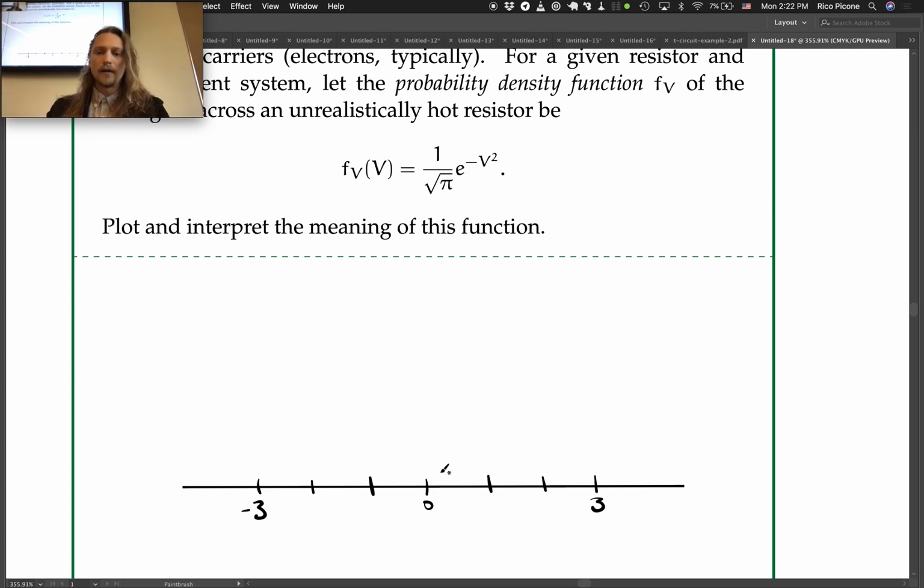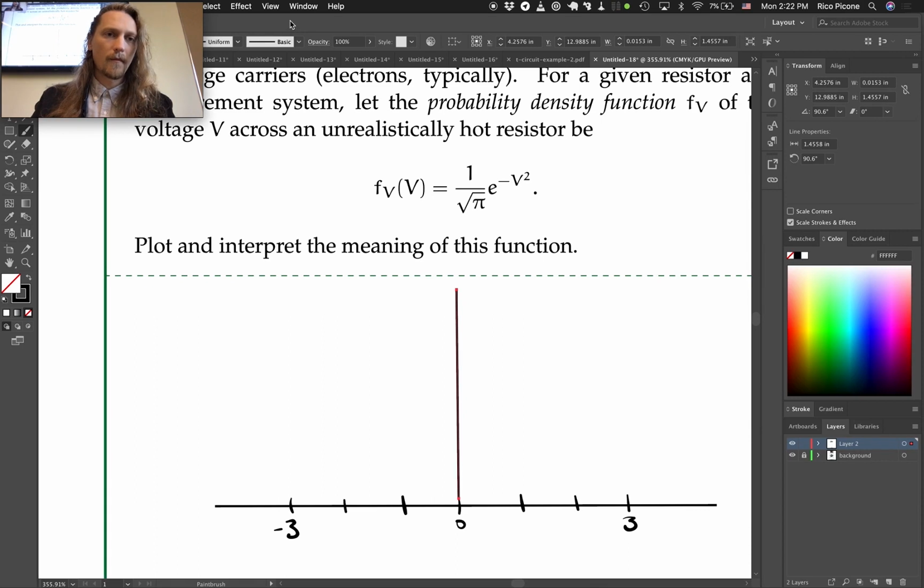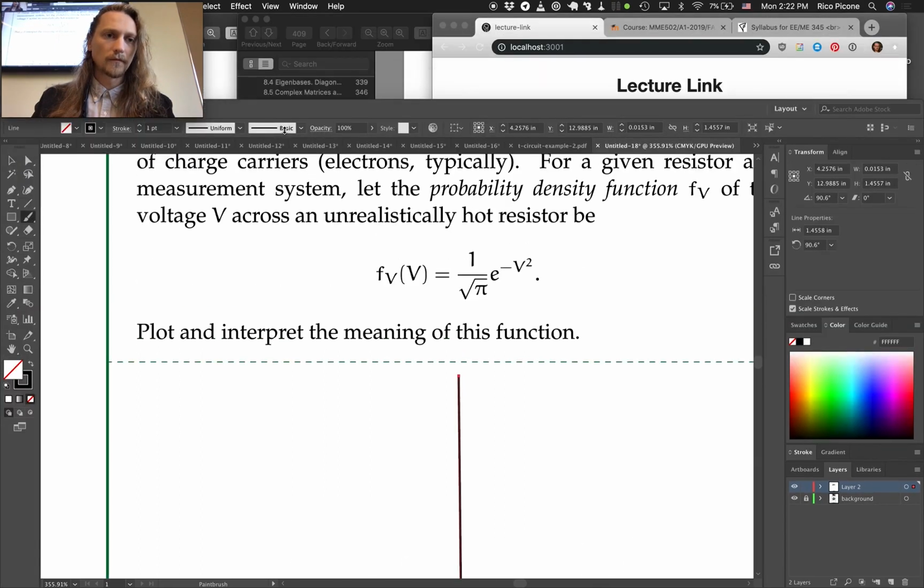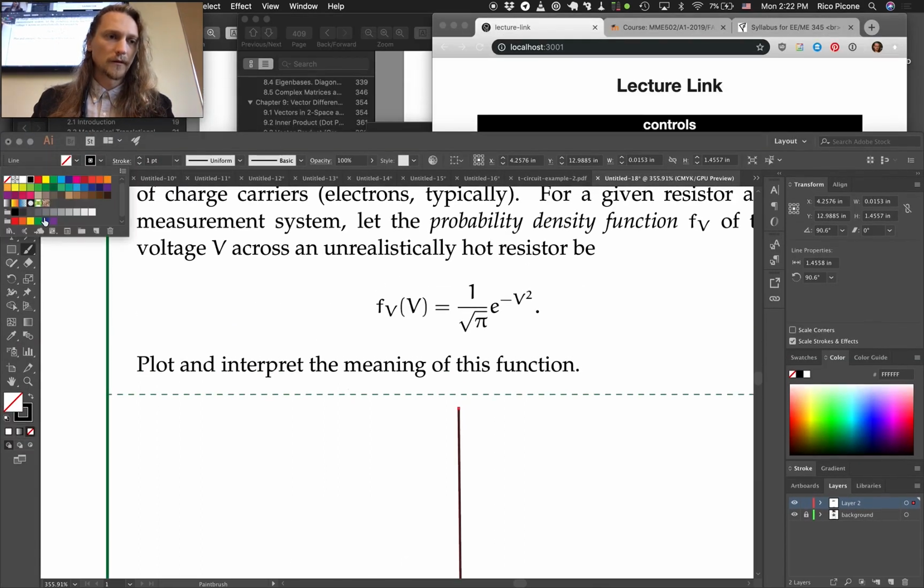And then we've got our vertical axis here.